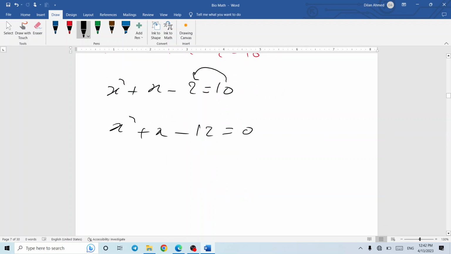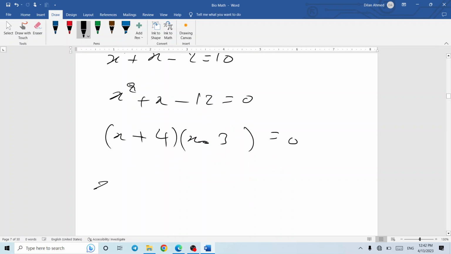Now, this is a quadratic equation. I can solve it by many methods. One of them is parentheses. And I'll get plus 4 and minus 3. So x is equal to minus 4 or x equal to 3. Do you agree with me?